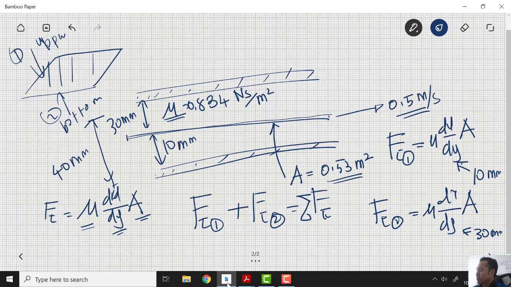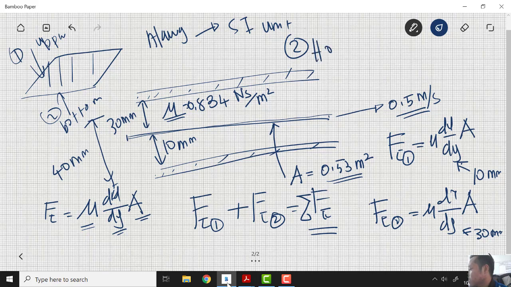Always remember to change your unit into SI unit. So calculate the total shear force required to move the plate at 0.53. So this is your second homework.